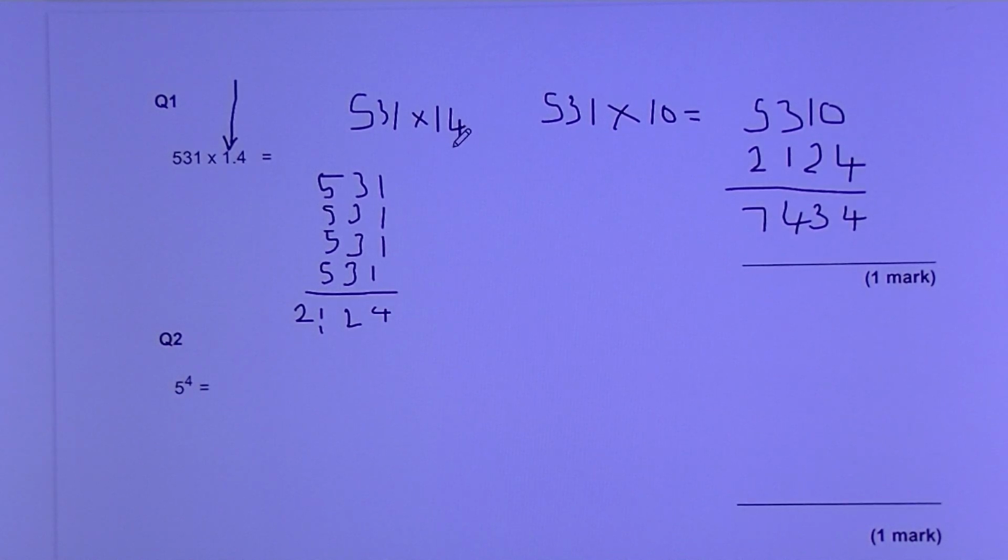We've got to remember that in the original sum we had one decimal place, so we have to put one decimal place back into the answer. So the answer to that question, 531 times by 1.4, is 743.4.